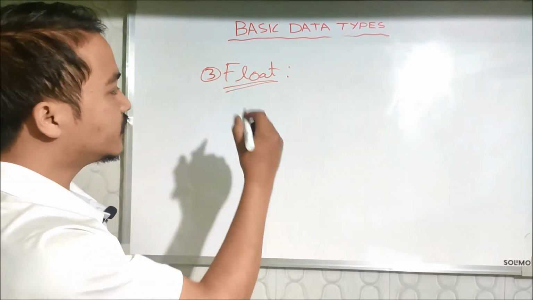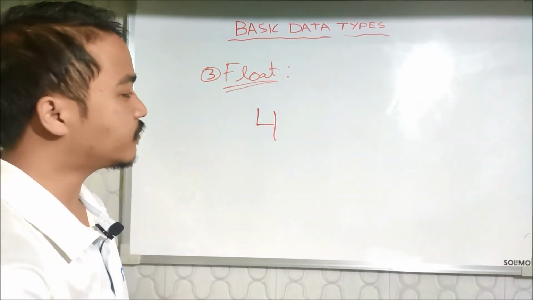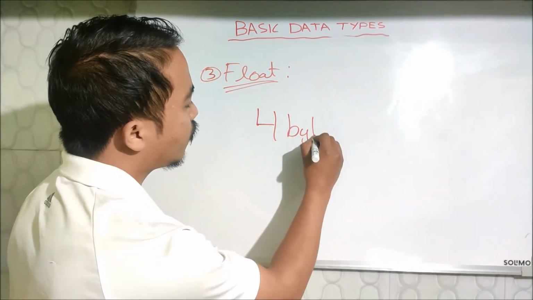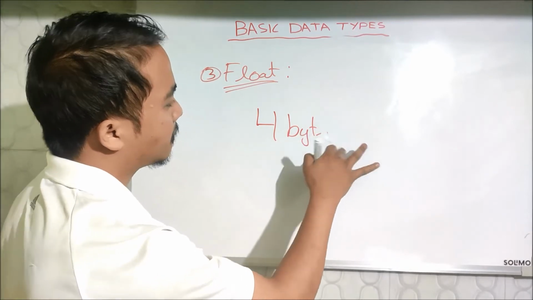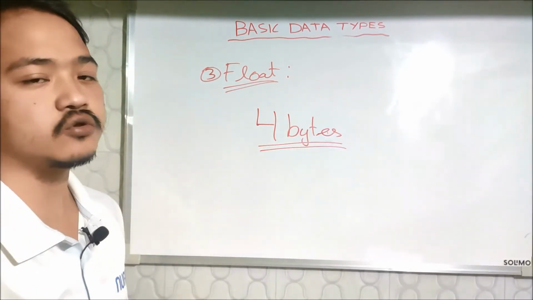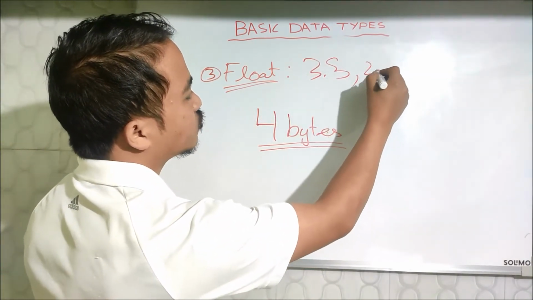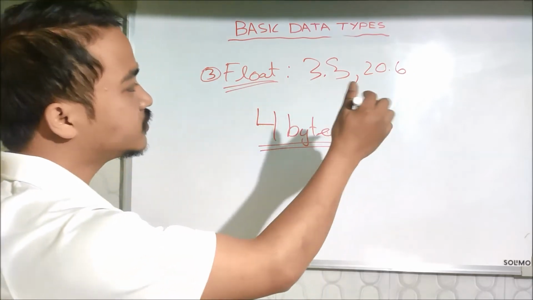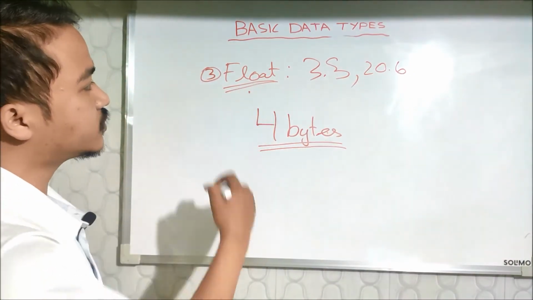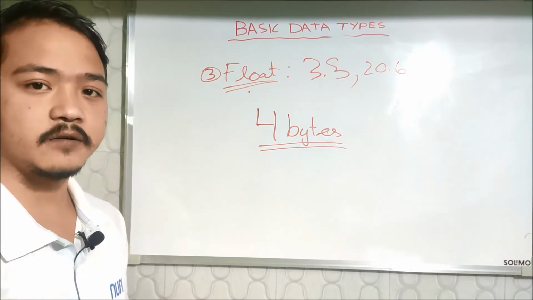That's why the size of a floating data type is 4 bytes. So if you store, let's say, 3.5 or 20.6, a decimal under the float data type, it will take a memory of 4 bytes.